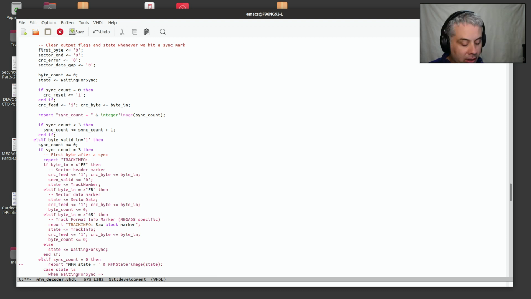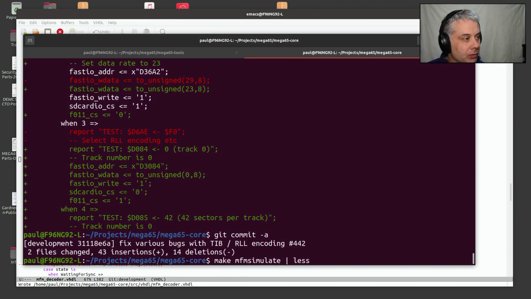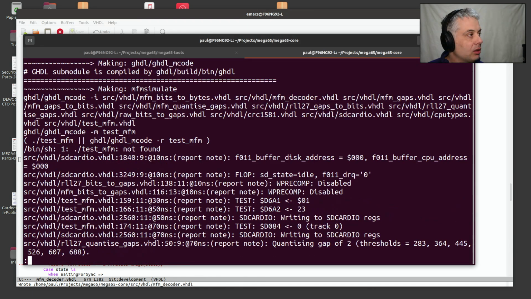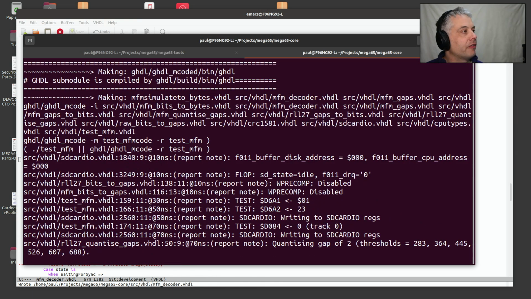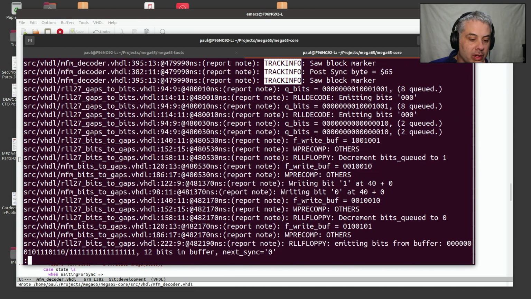Still put on the track info label. Post sync byte equals, so this will show us the 65 when it finds it. Yep, so we see the post sync byte is 65.